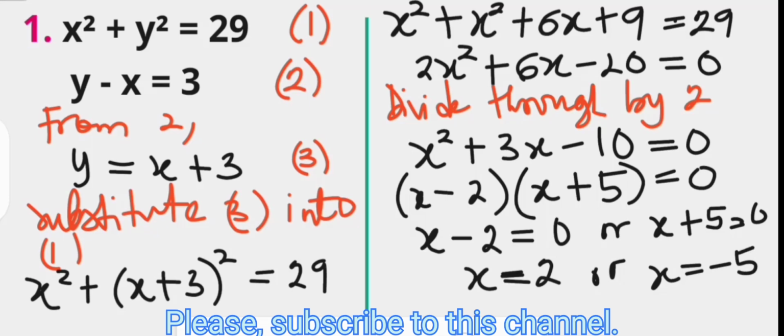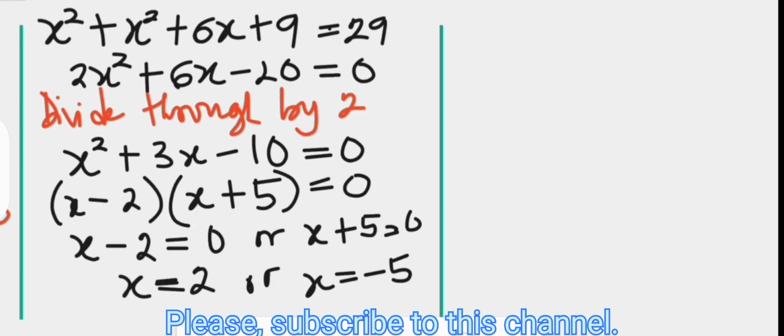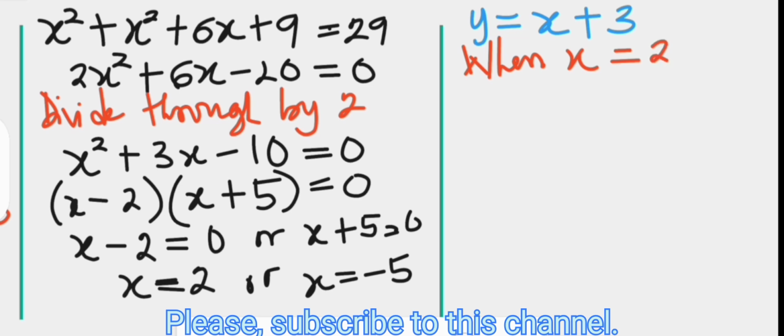Now that we have the values of x, we can substitute these values into equation 3 in order to get the corresponding values of y. Remember that equation 3 is y equals x plus 3. So when x is 2, putting this in equation 3, we have y to be 2 plus 3, and that is 5.